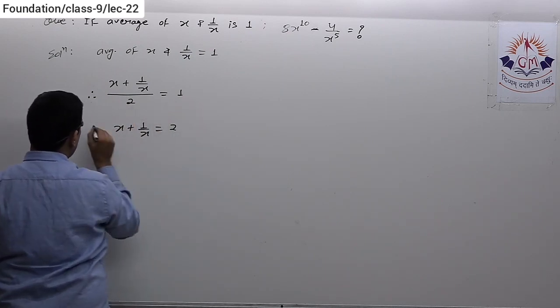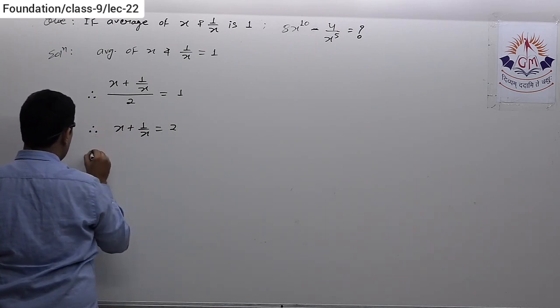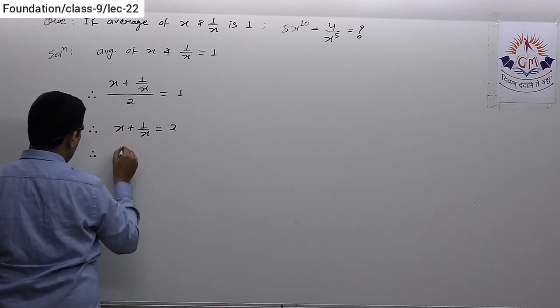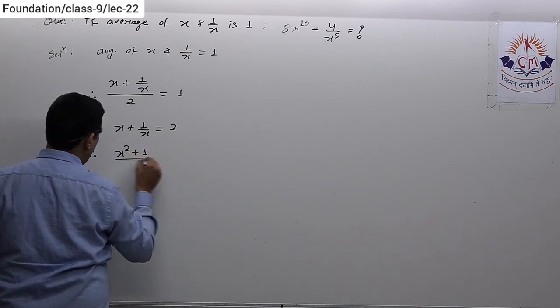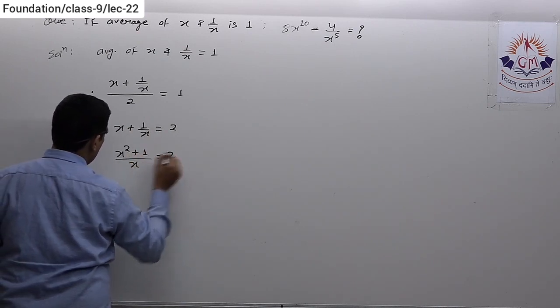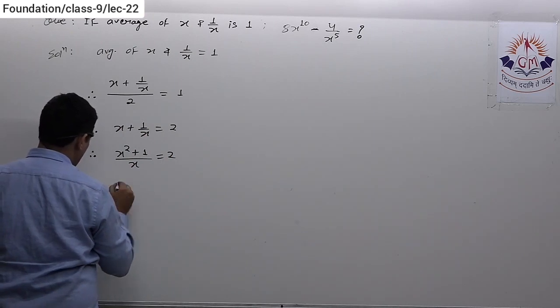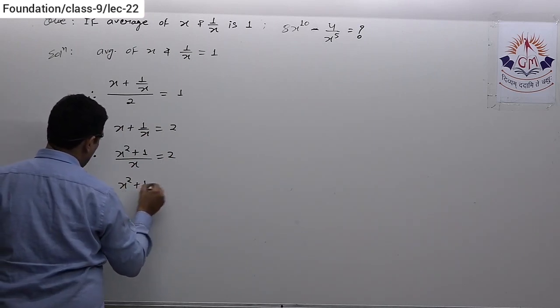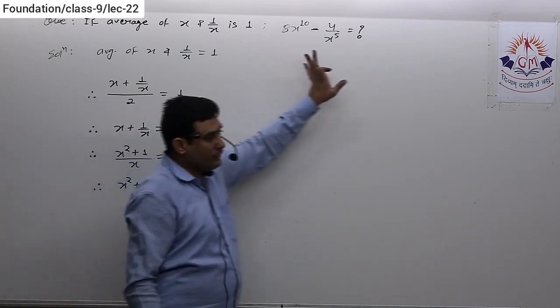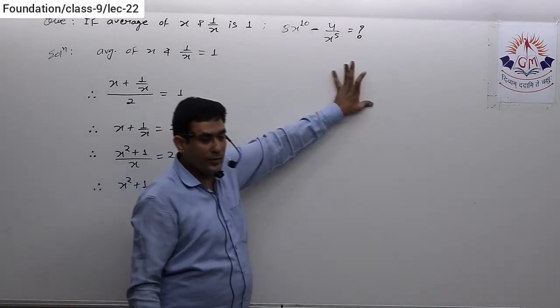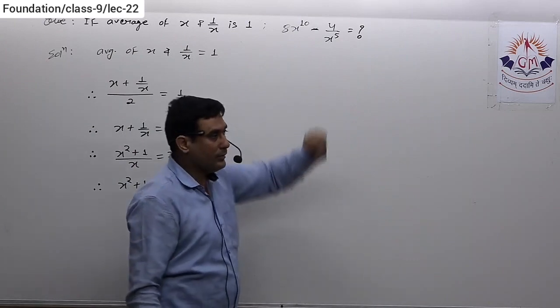This 2 will go on that side, so I can say x square plus 1 upon x is equal to 2, so x square plus 1 is equal to 2x. Now I need to find the given expression. Whenever you have to find the value of a given expression, there are always two ways.